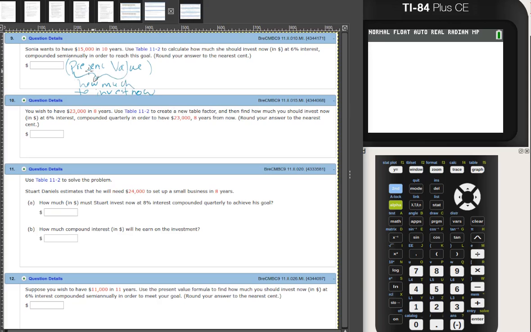This is the principal that you need to have so that if you increase it by whatever percent by going times some table factor, and this is the table factor from the other table, table 11.1, if you multiply it times a table factor, you will get the amount that you want it to be worth in the future, which in this case is the 15,000.